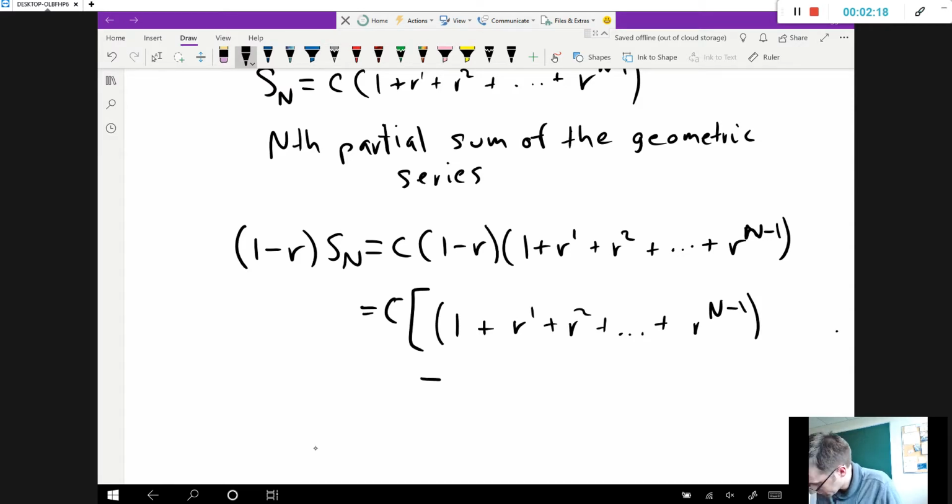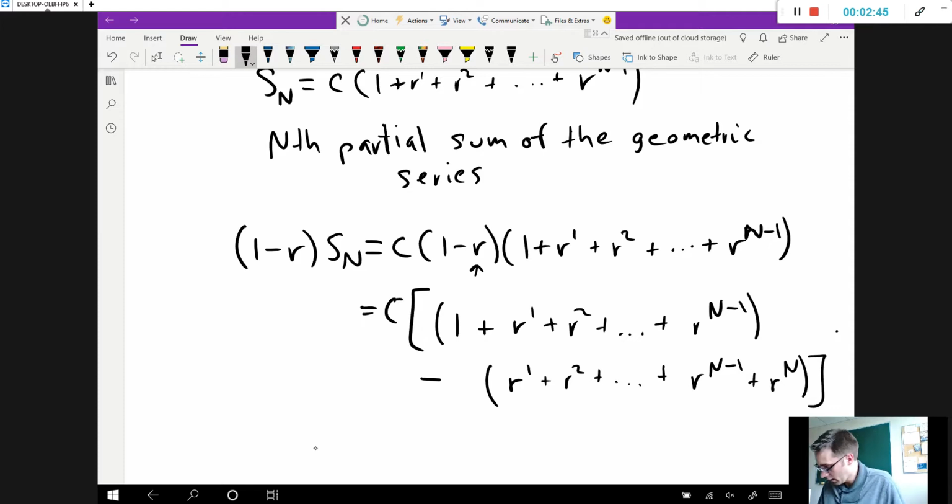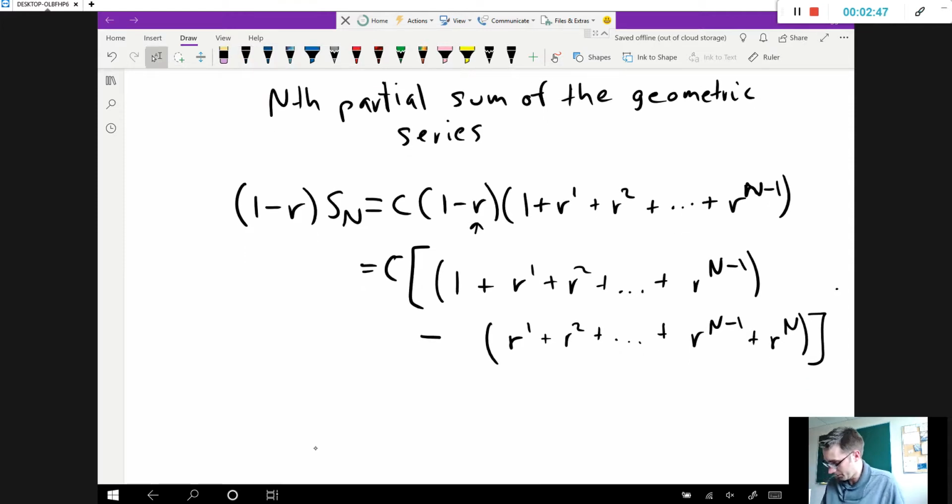Minus, and then for the second term, when we take into account the r, we're going to have r times each of these. And so I'll write this out as follows. We'll have minus r, and that comes from the r times 1, and then we'll have r times r. And that pattern is going to continue. And basically what we're going to get is the same terms, all with a power that's 1 higher than what we had when we multiplied by 1. Agreed?